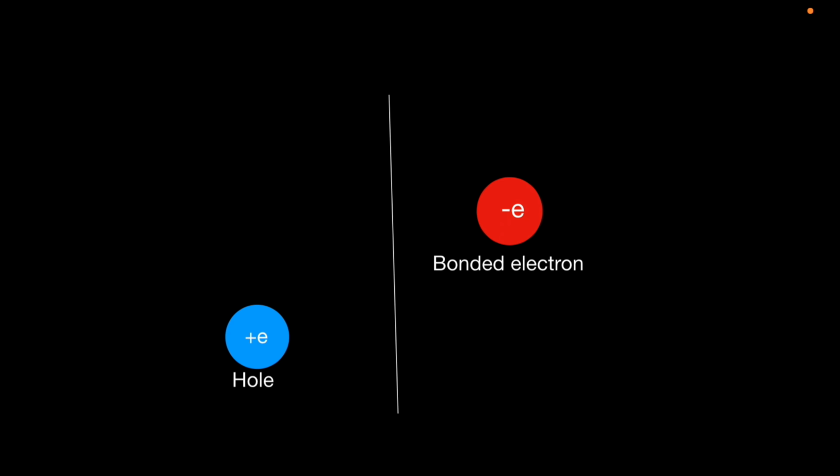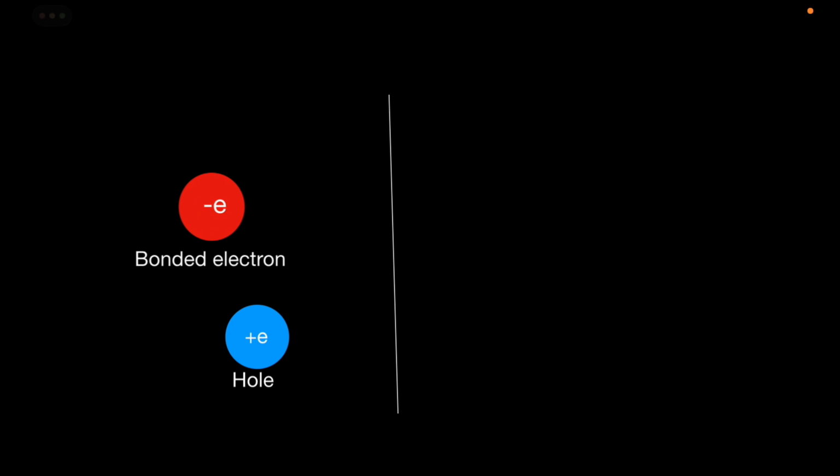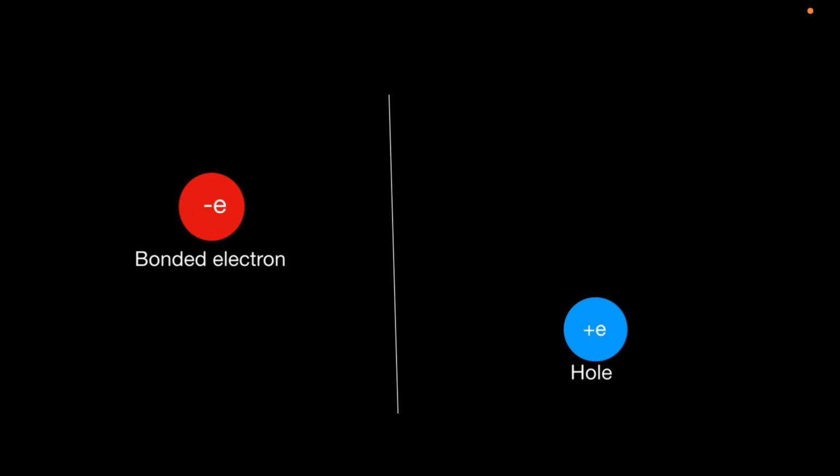Minus E charge moves to the left like this, and if we assume the hole to be a positively charged particle having plus E charge, then consider the motion of the hole. It moves plus E charge towards the right. And these two processes are bringing the same amount of charge across the line shown in the figure.